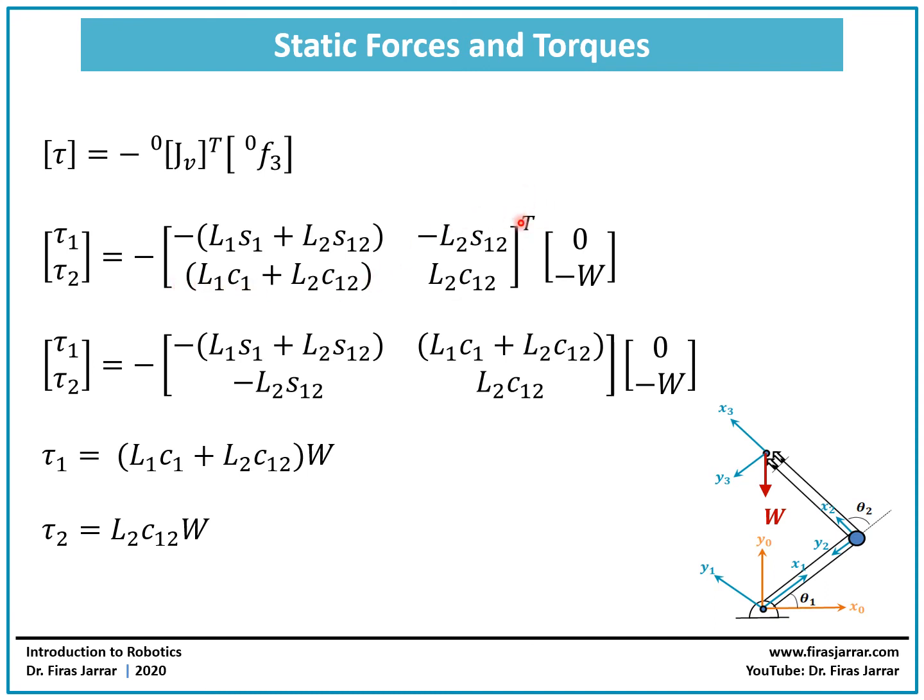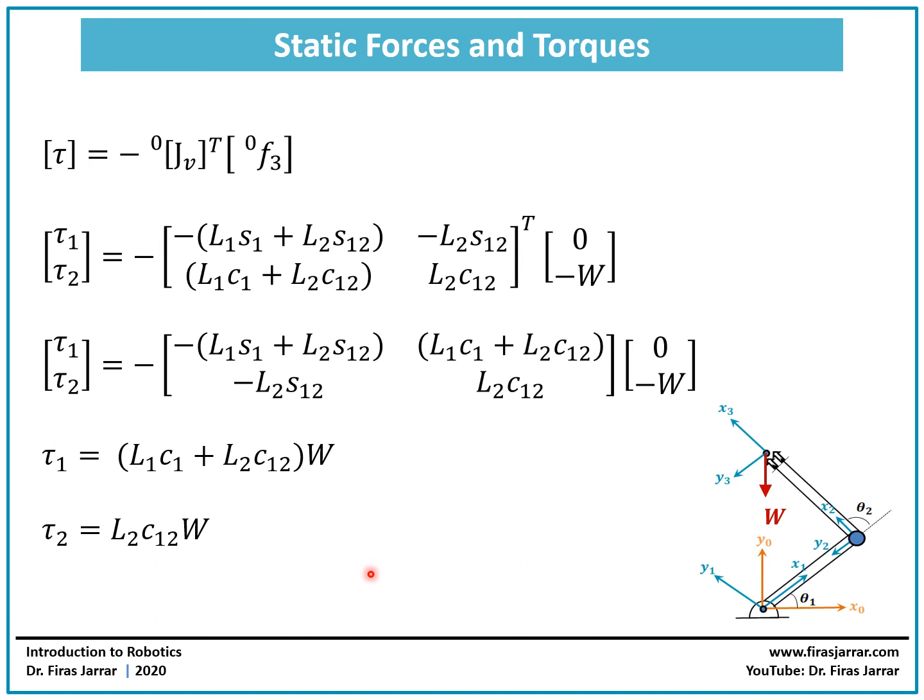But we need to find its transpose, and the transpose is easy. Every row becomes a column. First row becomes the first column, second row becomes the second column, and within the base frame, the components of this W are going to be 0 in the X and minus W, minus the weight, in the Y direction. So you can see it's straightforward. Now you multiply these two matrices, row by column, to get the magnitude of the torque at joint 1 and the magnitude of the required static torque at joint 2.